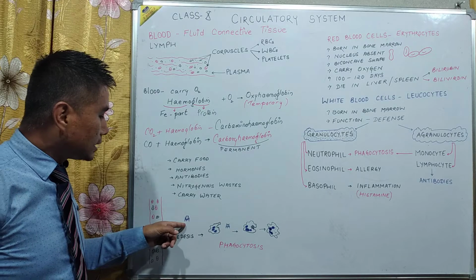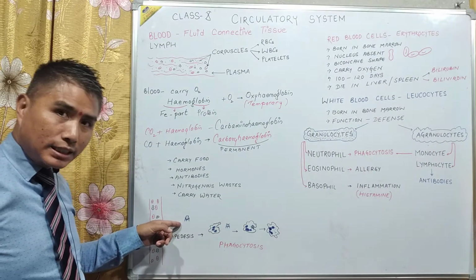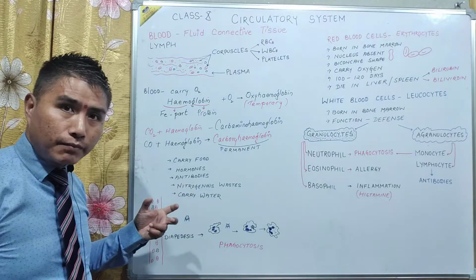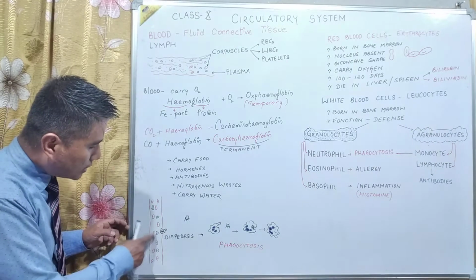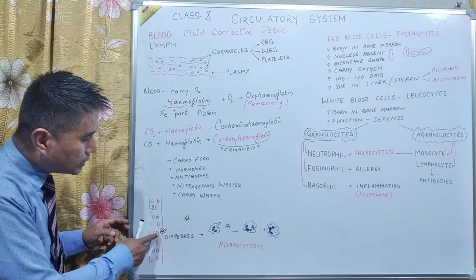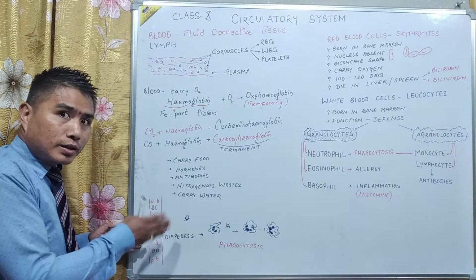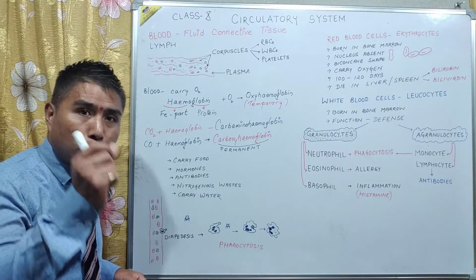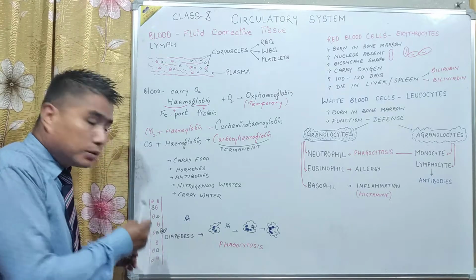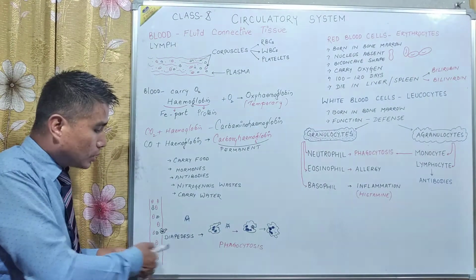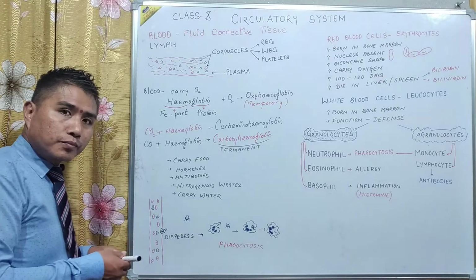When it senses any foreign material, any antigen, any bacteria, any foreign cell, then suppose these black cells I have drawn here are WBCs, then it can ooze out of the blood vessel. That property or phenomenon in which WBC oozes out of the blood vessel is known as diapedesis.